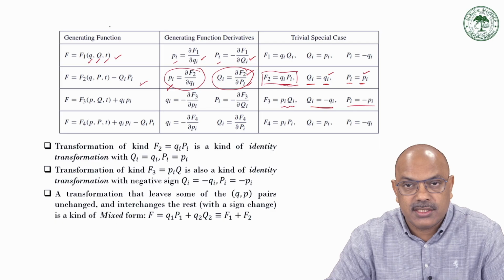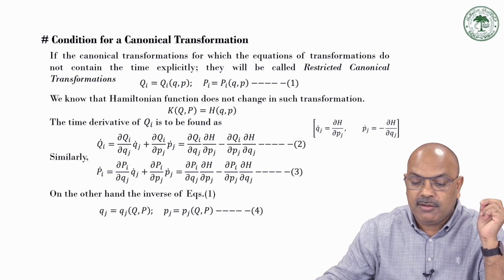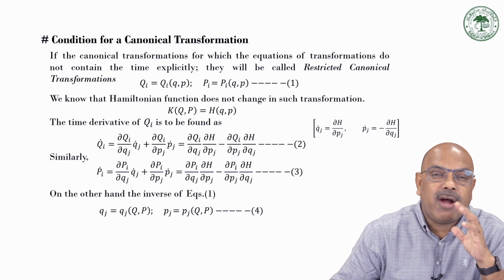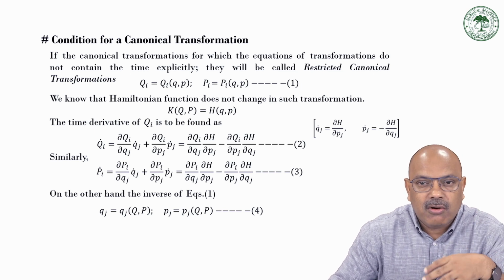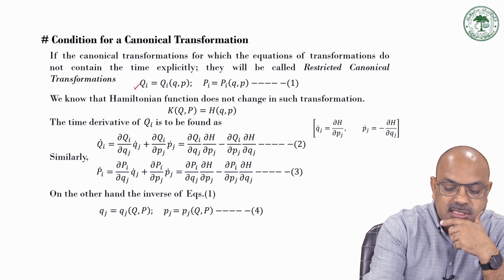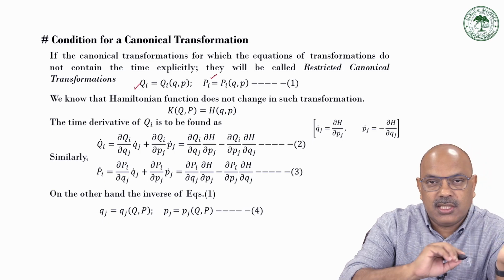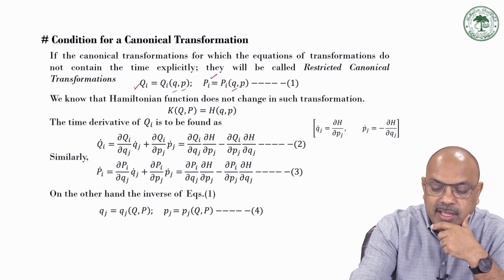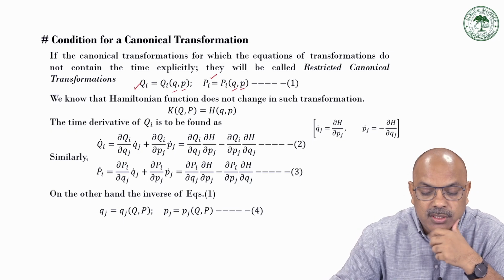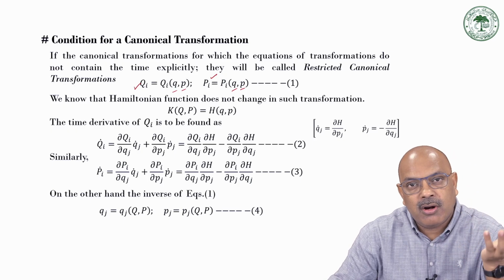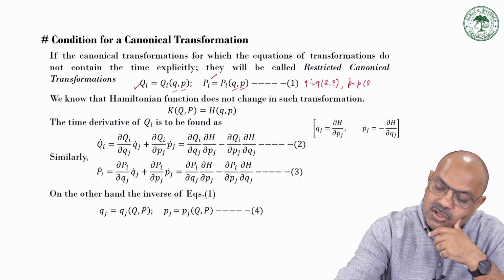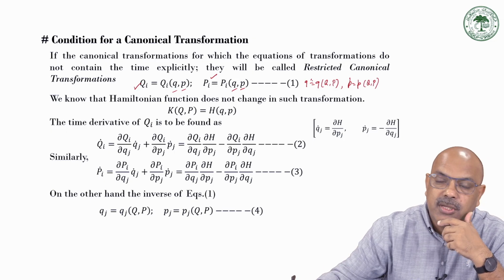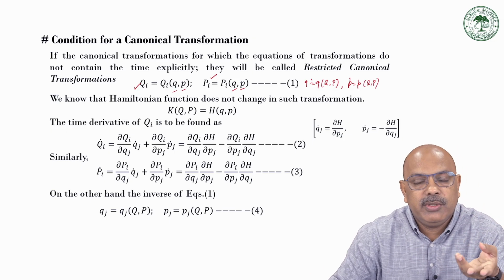So till now we had discussed this, and moving further, we are going to find the condition for a canonical transformation. If any transformation is given, for example the new variables Q and P in terms of your old variables, small q and p, then how do we find out whether this transformation is canonical or not?